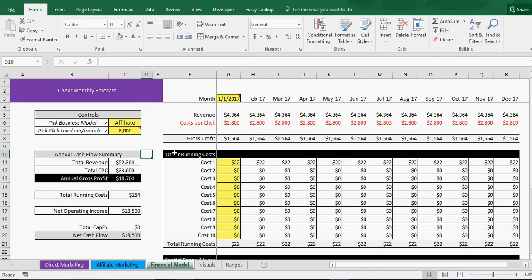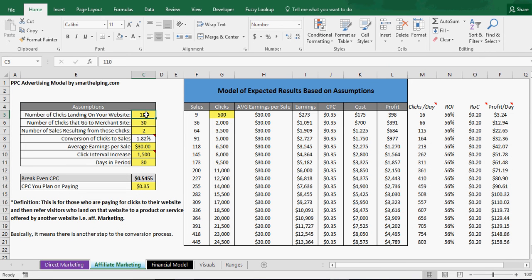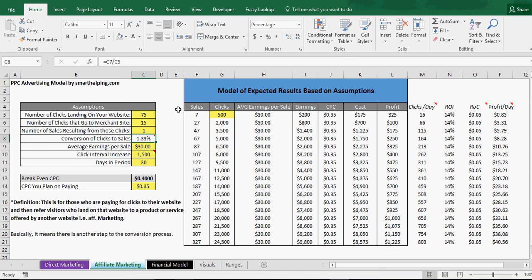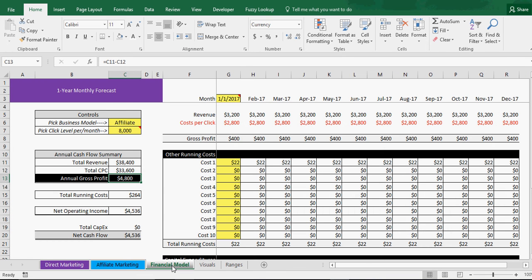Okay, so 8,000, like we said, $1,564 is a profit. Annual profit of $18,000. So look at how, let's go back to our original, what was it, 75, 15, and 1. Look at that, 48. Your annual gross profit now is $4,800 instead of $18,000, just by a 0.5% increase in conversion rate.